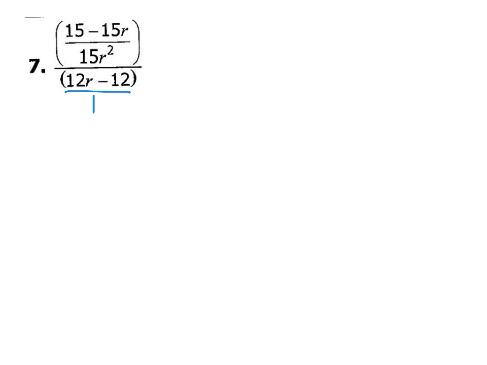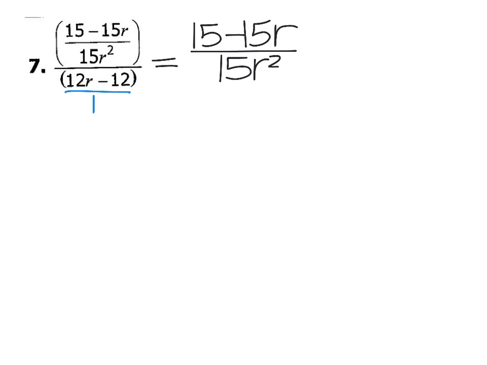So we want to rewrite it as a division problem: 15 minus 15r over 15r squared divided by 12r minus 12 over 1. Then we want to change it to multiplication, flip the second rational expression.